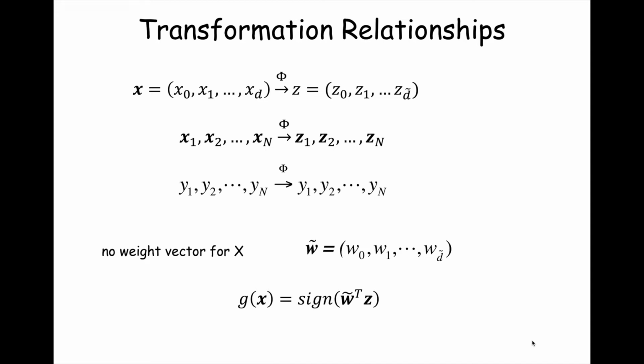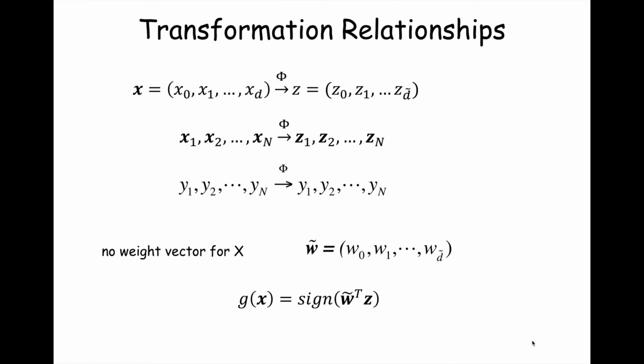So for each x, we have its corresponding representation in feature space z, and then the original class labels from our original input representation, those class labels don't change, right? We're changing the geometry, but we're not changing the assignment of labels to inputs. We're only changing the representation and not the labeling, okay? All right.